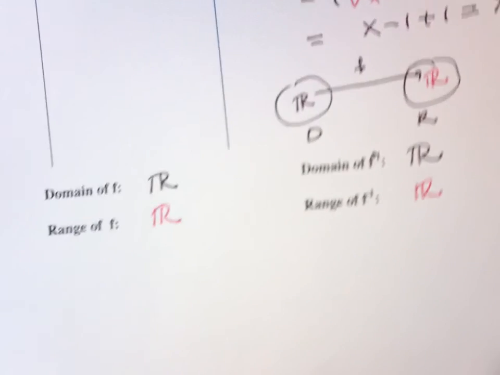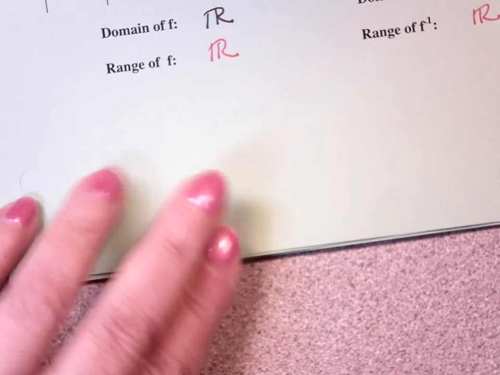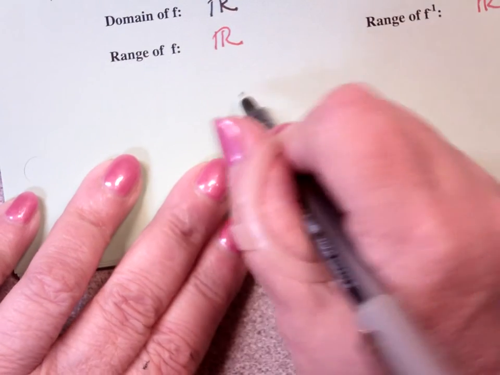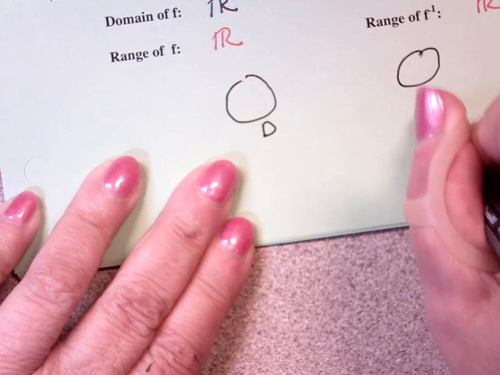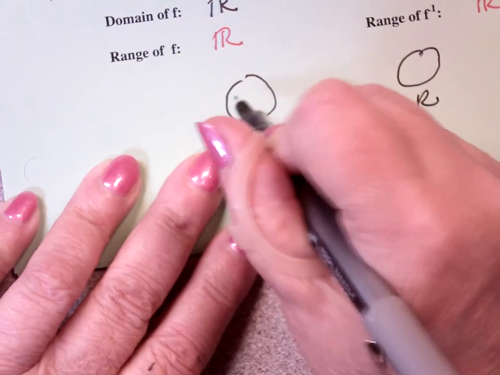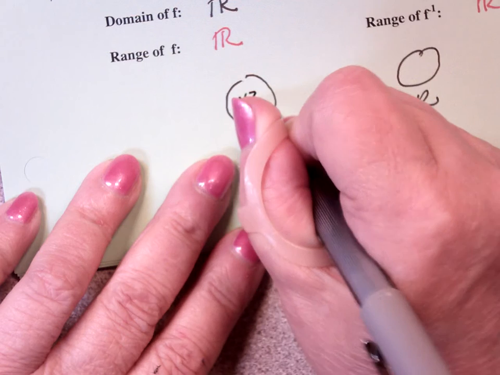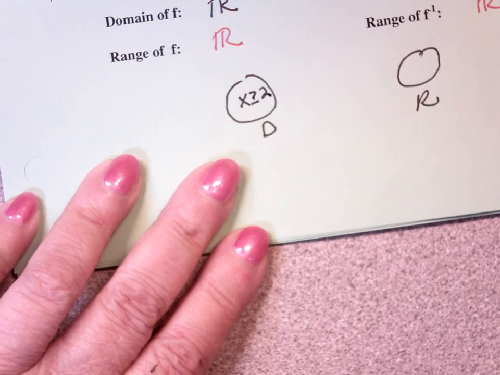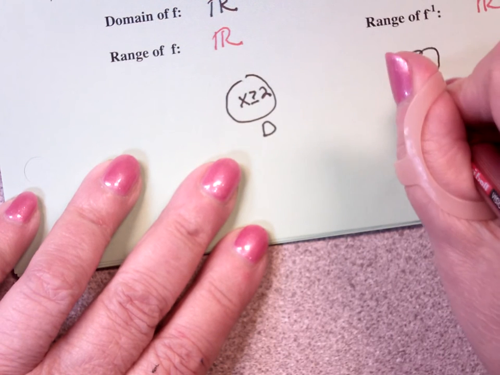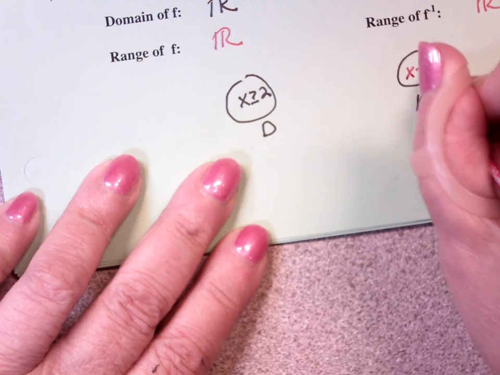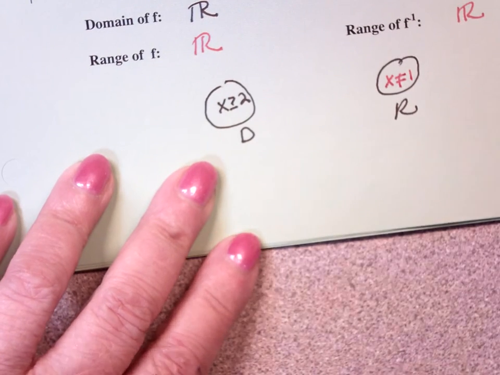Now, let's use a different example so we get a better feel for it. And this is just going to be kind of a nebulous example. So if I know this is the domain and I know that this is the range, say the domain here is x greater than or equal to 2, and for the inverse, the domain is x can't be 1. Now that's weird.